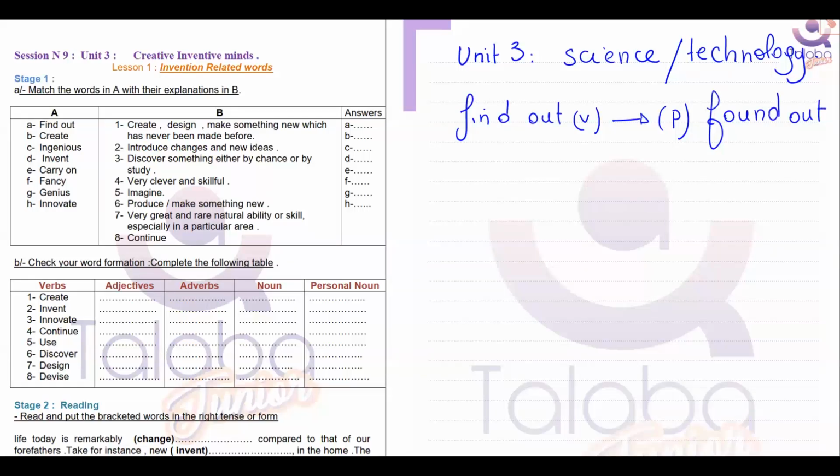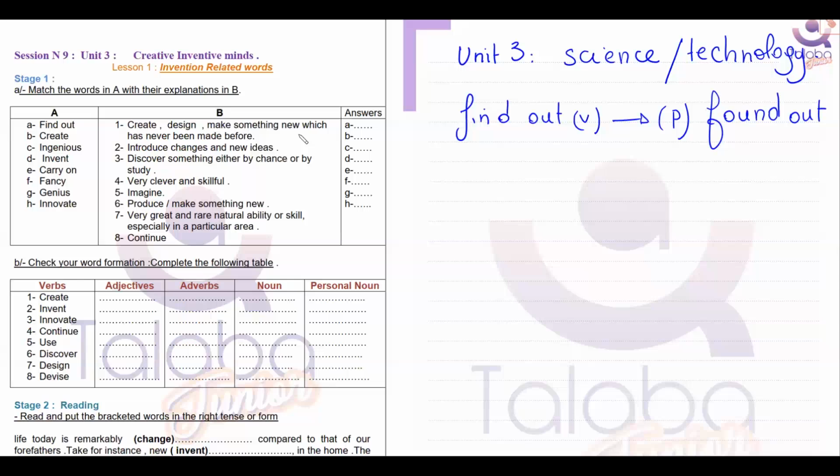Now let's read the explanations. Number 1, create, design, make something new. You create something. For example, I create a mobile phone. It's something which has never been made before. Number 2, introduce changes and new ideas. 3, discover something either by chance or after study. 4, very clever and skillful.